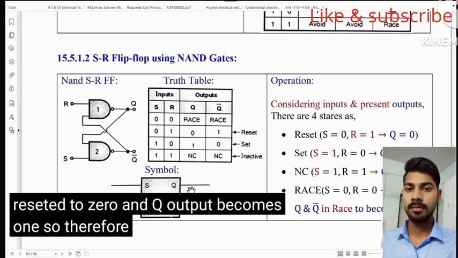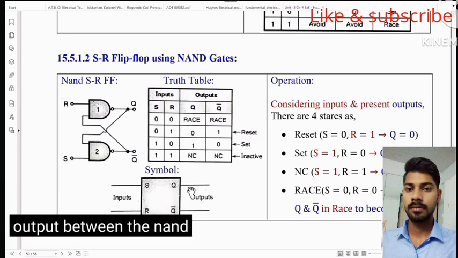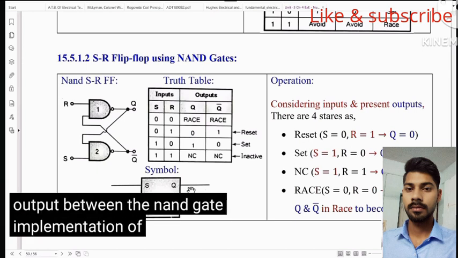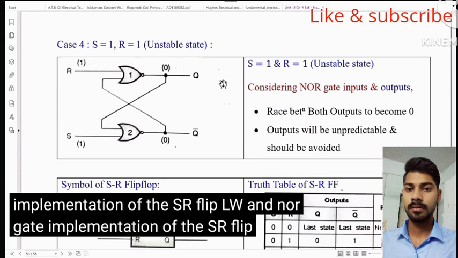So therefore, note the difference between the NAND gate implementation of the SR flip-flop and the NOR gate implementation of the SR flip-flop.